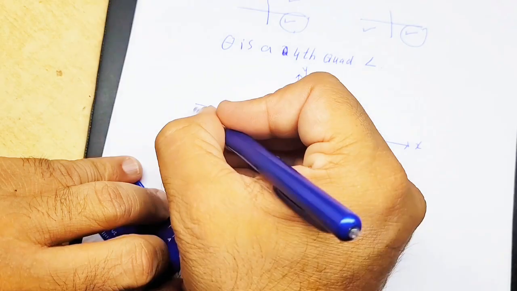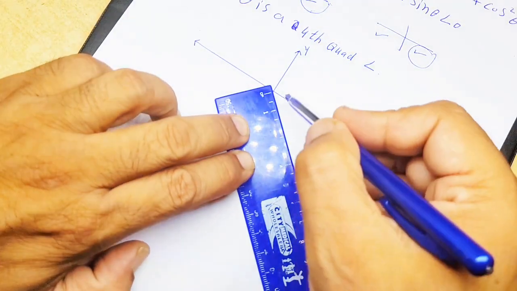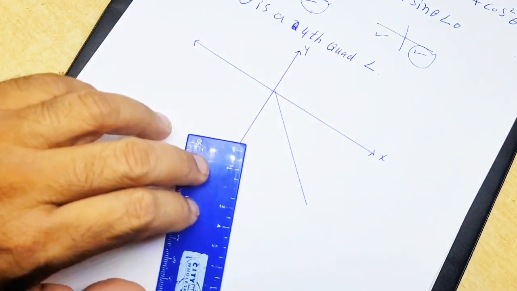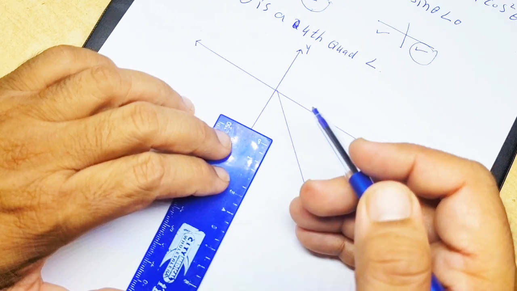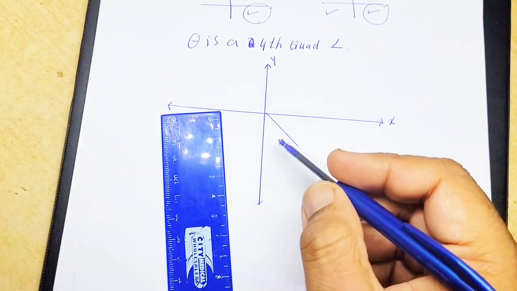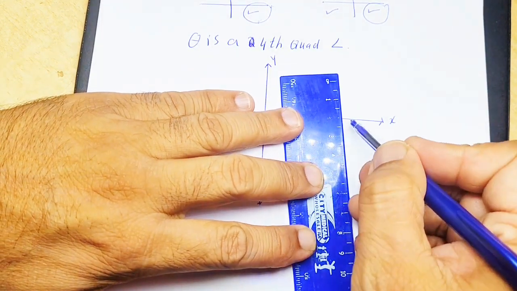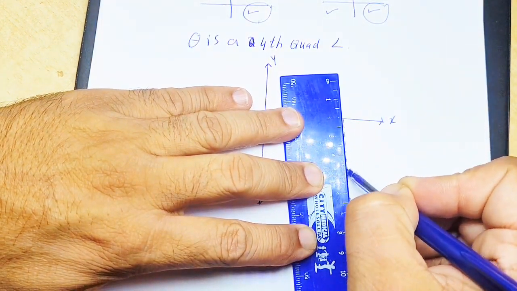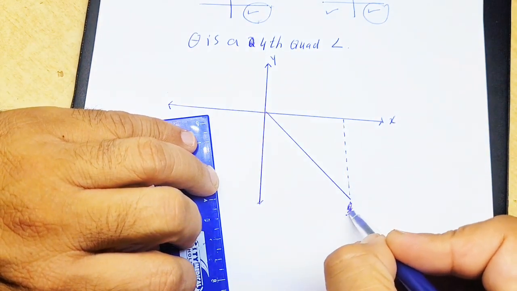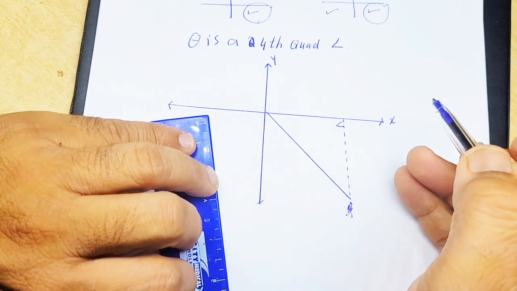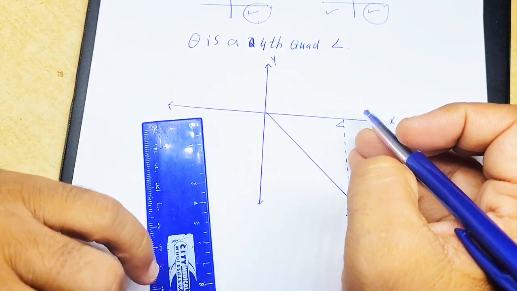I draw the line which is my radius, and now I'm going to draw a triangle. This is 90 degrees. Now we have that cos is positive.